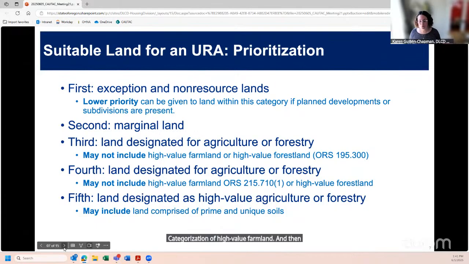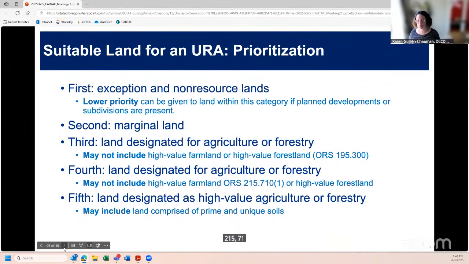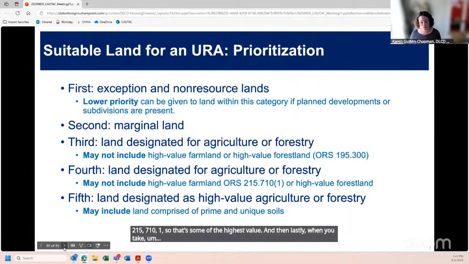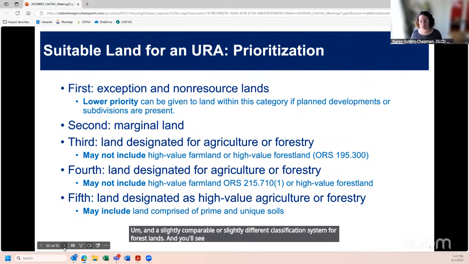And then we get to more of a refined, some of the highest or the best farmland is delineated even further with a finer grain filter, if you will, under statute 215-710-1. So that's some of the highest value. And then lastly, when you take any of your farm or high value farmland, there's a soil classification system and then a slightly different classification system for forest lands. And you'll see that classification system really pulls out where are those prime and unique soils.